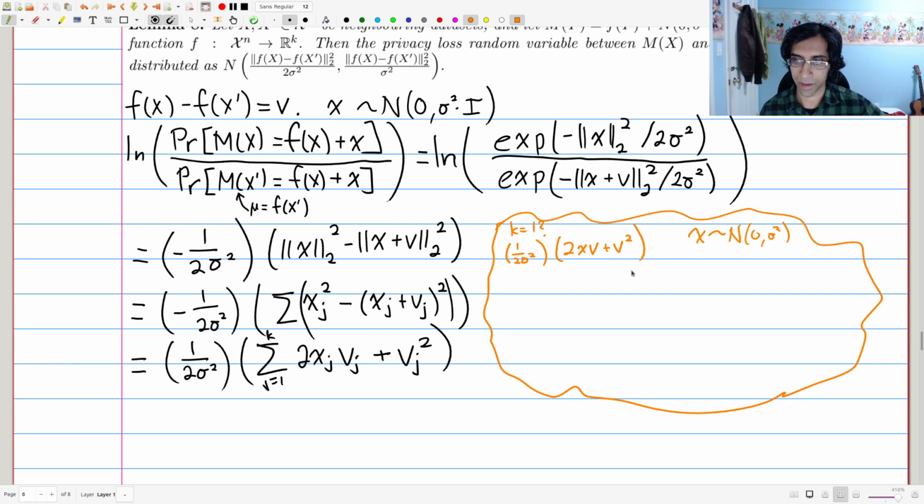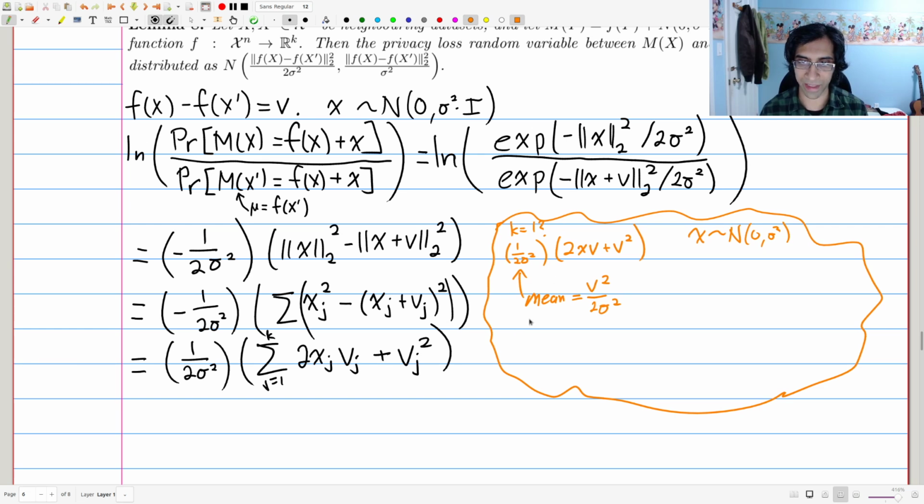It's going to have mean overall v squared over 2 sigma squared, because this is an additive term, just using properties of Gaussians. The mean is equal to v squared over 2 sigma squared. Recall that's exactly what we wanted: the difference squared divided by 2 sigma squared.